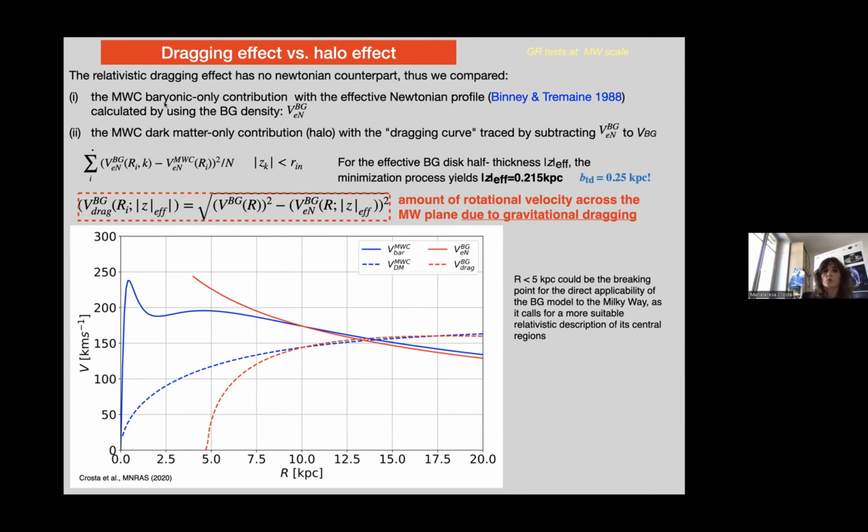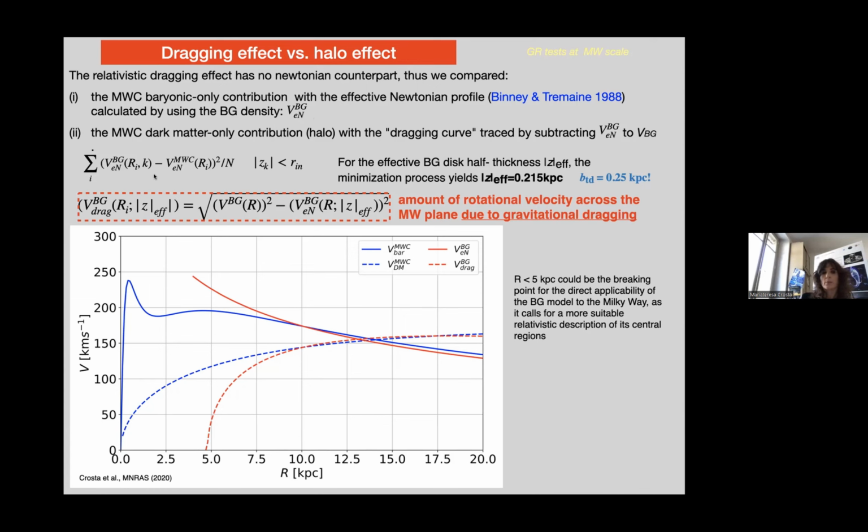So we put the density calculated by the relativistic model inside this equation profile, the Binney and Tremaine, in order to get an effective Newtonian velocity due to the relativistic counterpart.